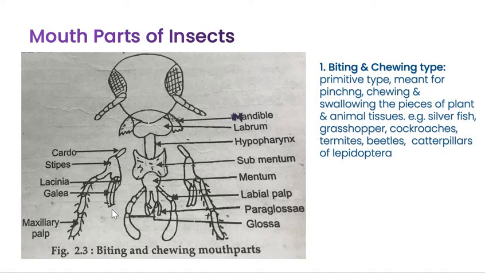The lacina and galea act as a taste bud of the insect and are useful for grasping of the food, and such grasped food is cut into fine pieces or gets chewed.